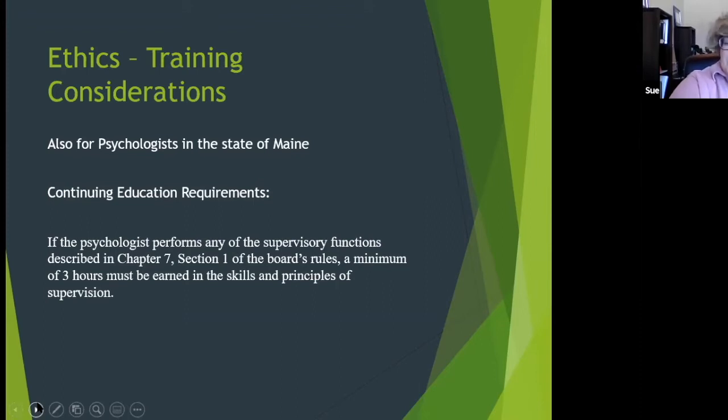So that's an additional requirement, and it's a requirement that's new. When I first came to the state of Maine in 2000, it was not a requirement. So it is a requirement that's been added over time. Again, recognizing that getting ongoing training in clinical supervision is important because you need to stay up to date. It is a discrete intervention. Ethically, it's just really important.